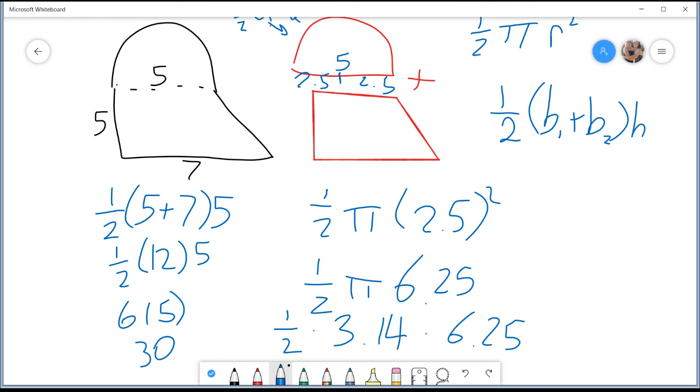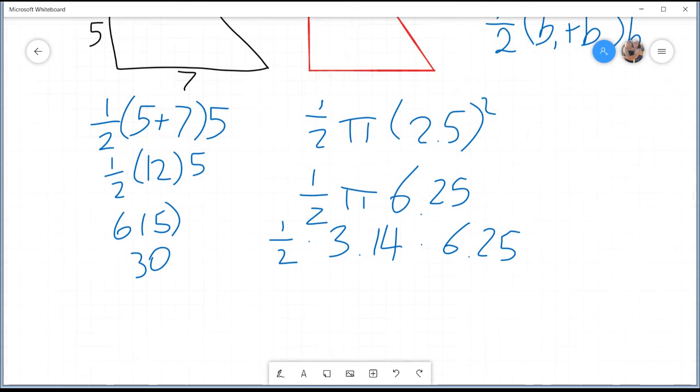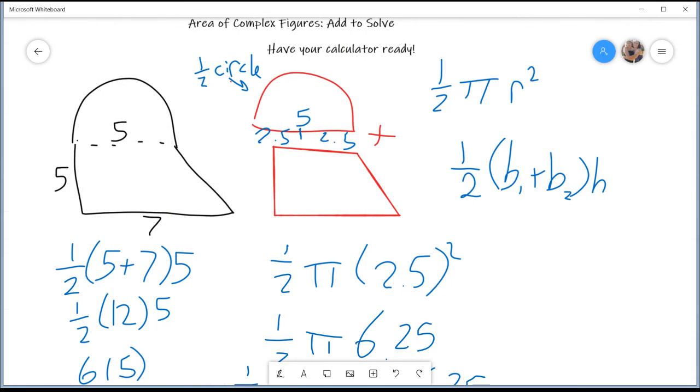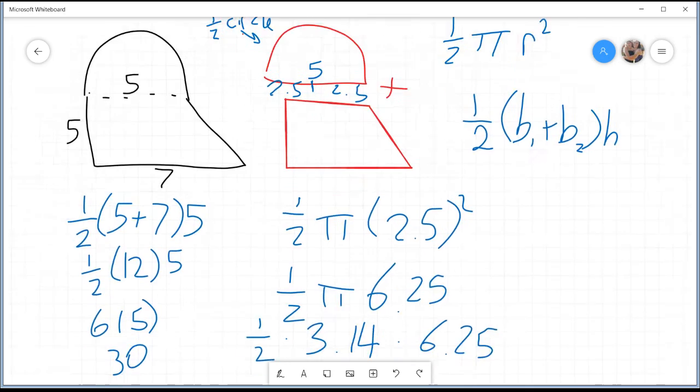And when I typed that into my calculator and did it, I got 9.8125. Now, if we go back to our original problem, we want to add these two shapes together since we're finding the area of the whole complex figure.